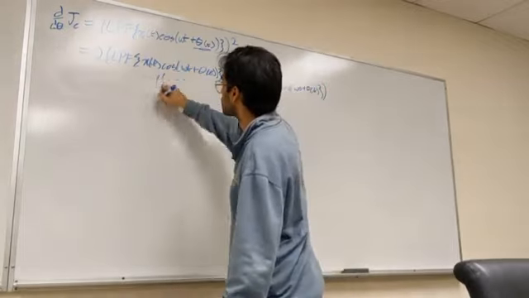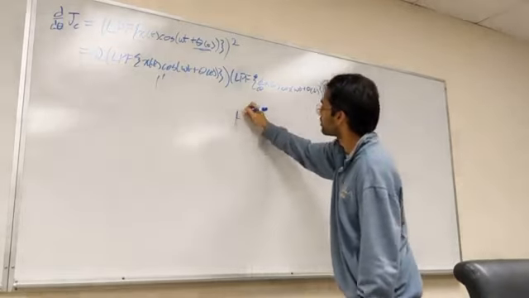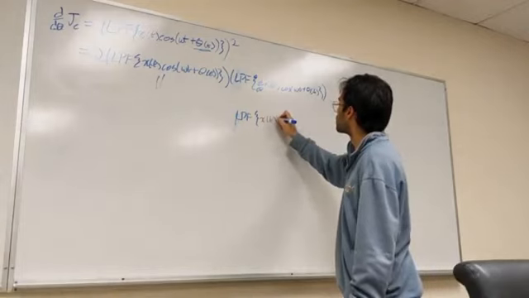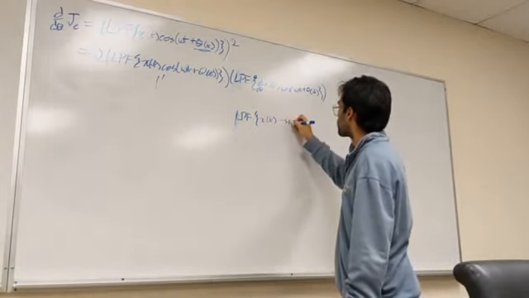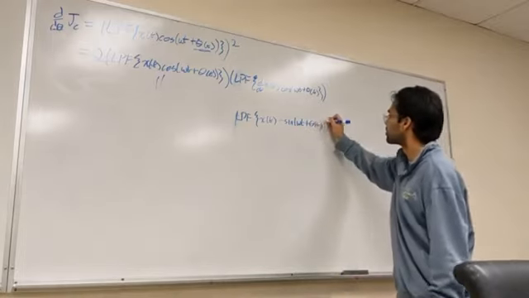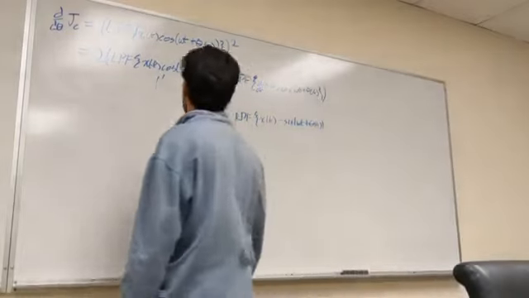And then let's keep this down. This would just be a low pass filter of x of t times negative sine of omega t plus theta. Okay? So, quick observation.